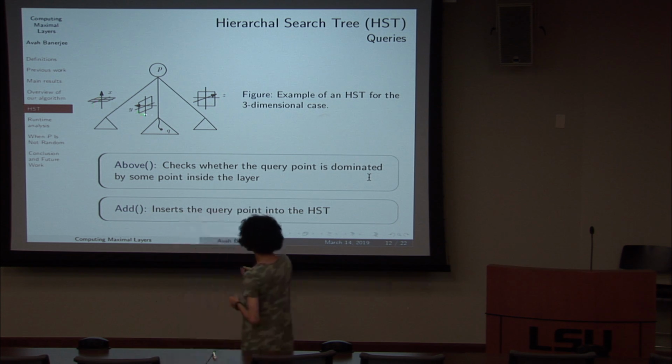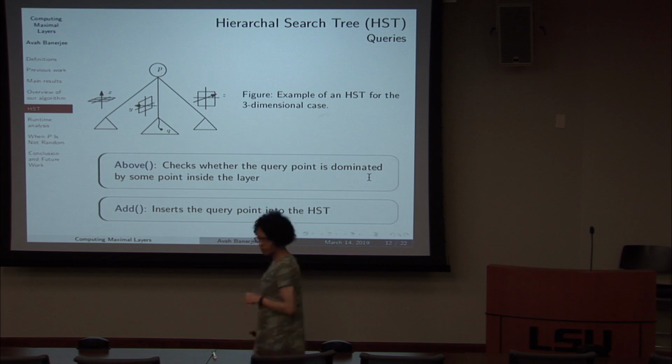Here I have three half spaces corresponding to three directions, x, y, and z. What we mean here is that if Q belongs here, then for this half space, P dominates Q.